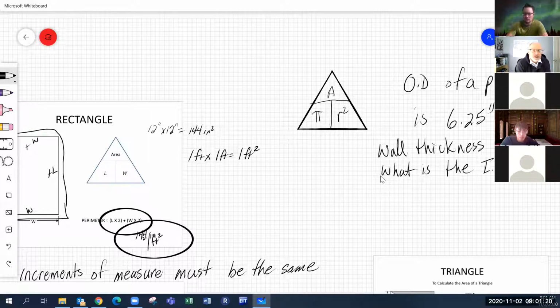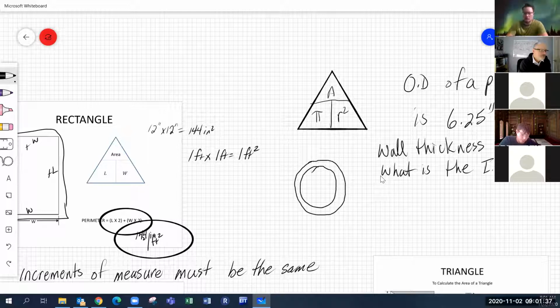Now, how the heck did they get that? So let me draw a piece of pipe for you. You have one circle and you have two. So this is the inside diameter.